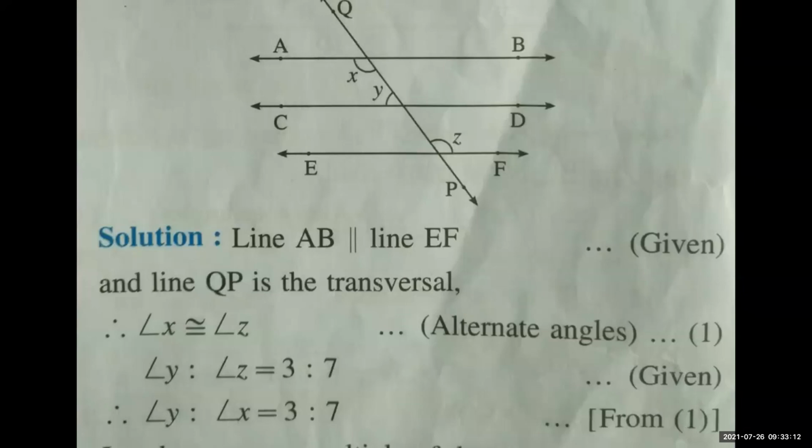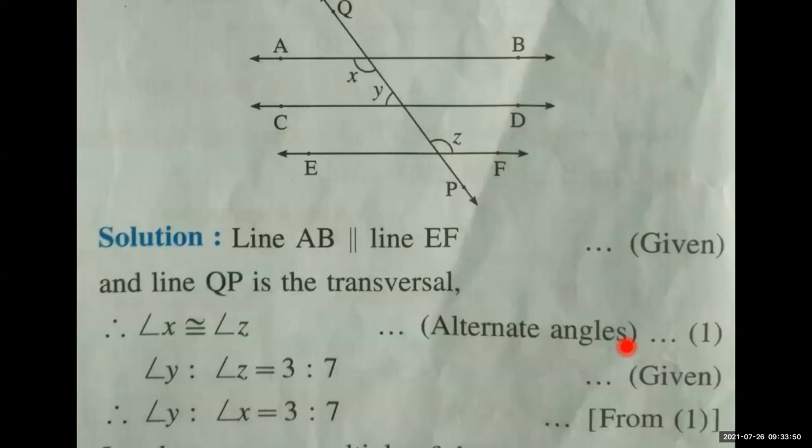As they are a pair of alternate angles, they measure equally, so they are congruent to each other. So here is the step: angle X is congruent to angle Z, as those are alternate angles.